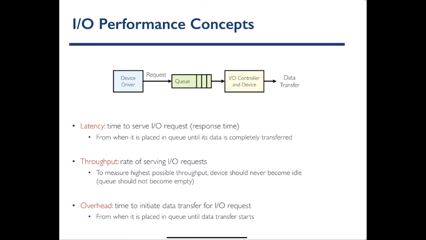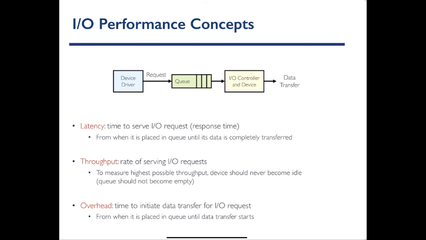we are going to consider a very simple model of IO subsystem. In this model, the device driver is going to create IO requests. Then the IO requests are going to be queued in a single queue. And then eventually the IO controller, the device controller, is going to dequeue requests from this queue and start processing them.